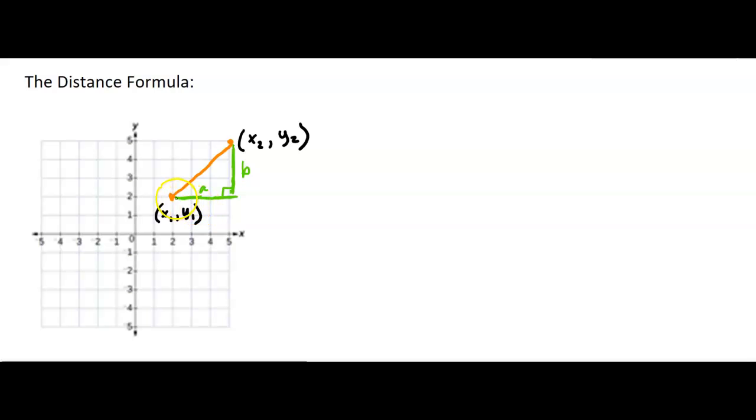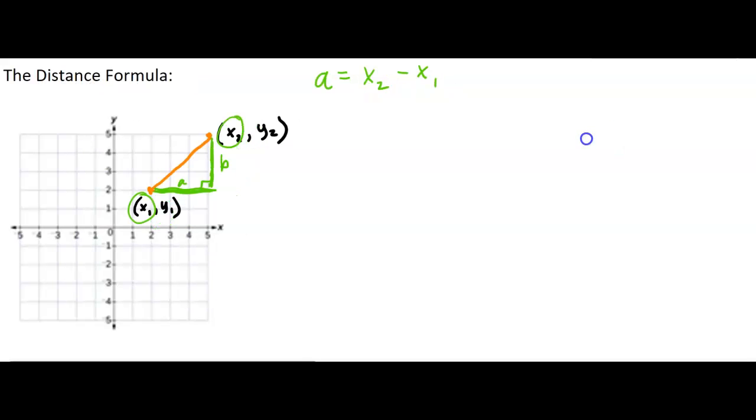Now to find that distance, a is going to equal x sub 2 minus x sub 1, okay? So, you know, it's like you're taking this x component and subtracting that one, and that would give you that distance. b is going to be y sub 2 minus y sub 1.